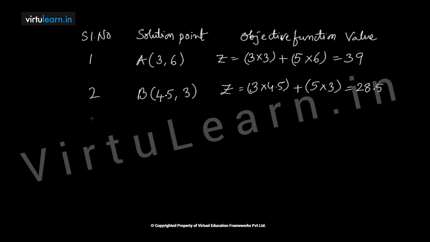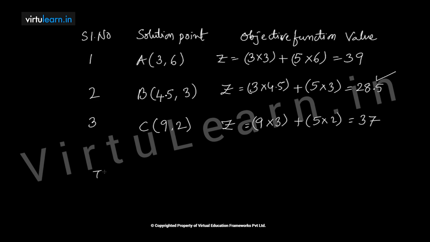Then the third point we have identified, which we call C, has coordinates 9 and 2, where z value is equal to 9 into 3 plus 5 into 2. Total gives us 37.